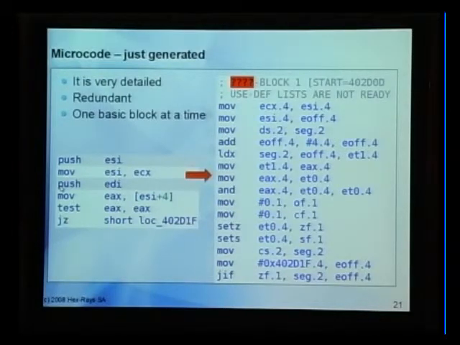Microcode as generated is huge because every instruction is translated into a sequence of micro instructions. Some instructions are skipped. For example, the first push ESI is skipped there. It belongs to the prologue, so we don't generate it.